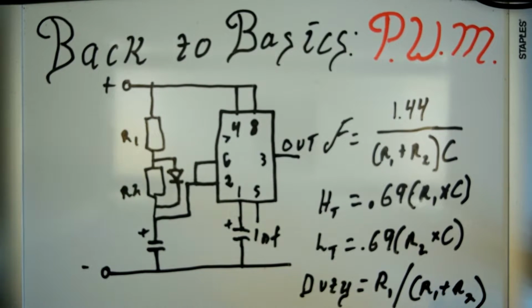So the duty cycle is directly proportional to R1 and R2.